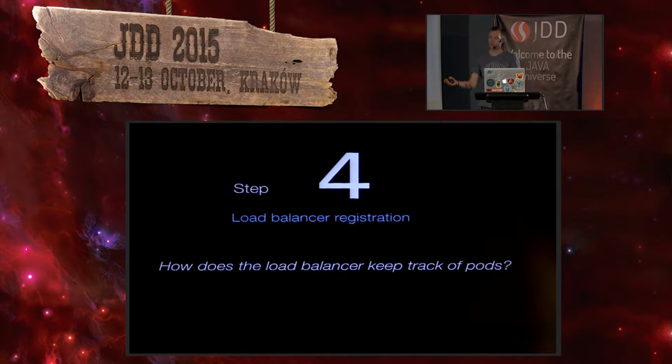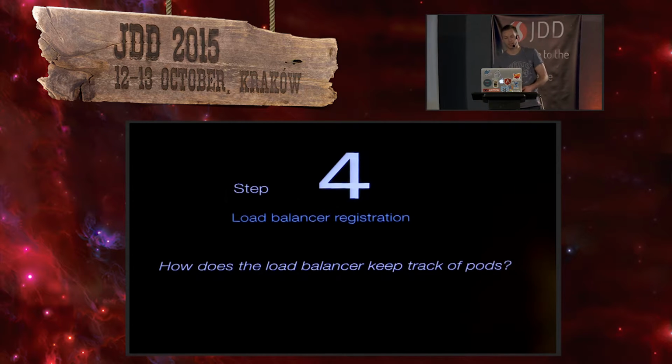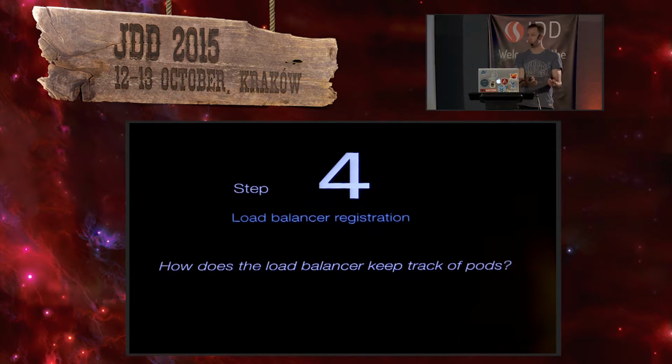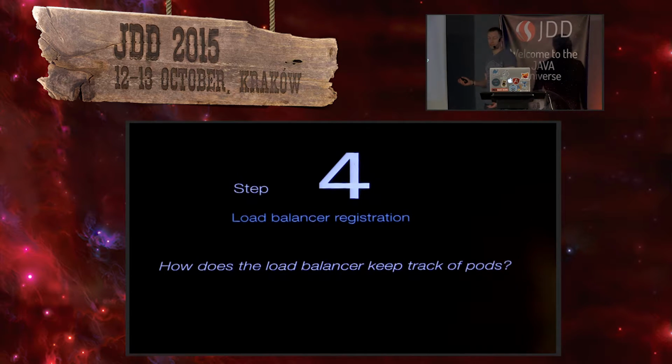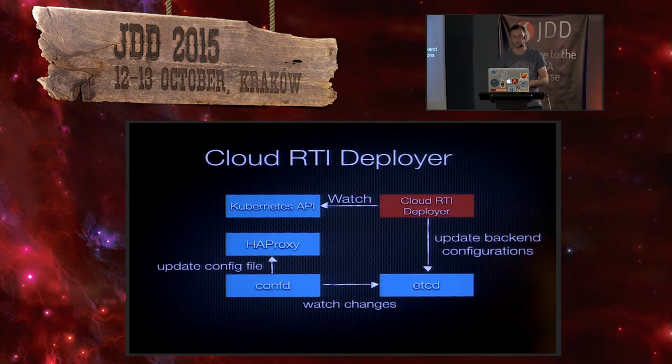So pods kind of come and go, at will almost. And Kubernetes doesn't give many guarantees on which machine a pod will be started, and that's something you really don't want to know about either. So that does bring the question, how does my load balancer keep track of those pods? How do we actually know where to find them?